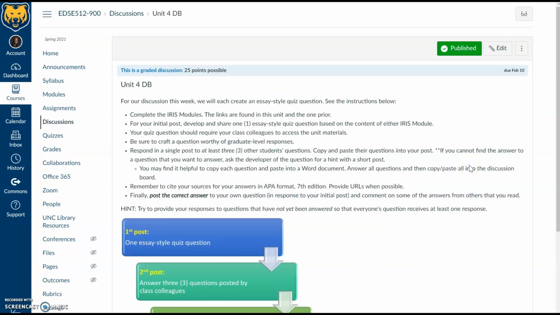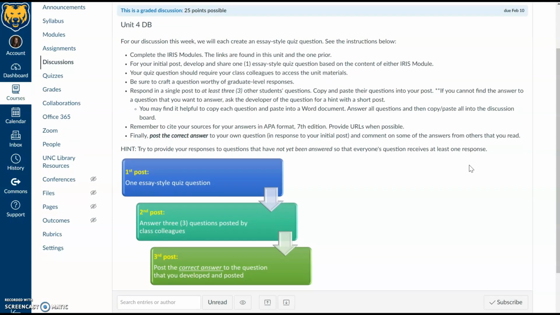And then we have our Unit 4 discussion board. So this is a little bit complex, but I'll talk through it and we'll make sure we're all on the same page. For this discussion, you're going to be creating an essay question that could be used, for instance, on a quiz that is addressing this content. So first you'll find valuable information, obviously going through the IRIS modules, and then you will develop your question based upon something that you've learned from the IRIS modules.